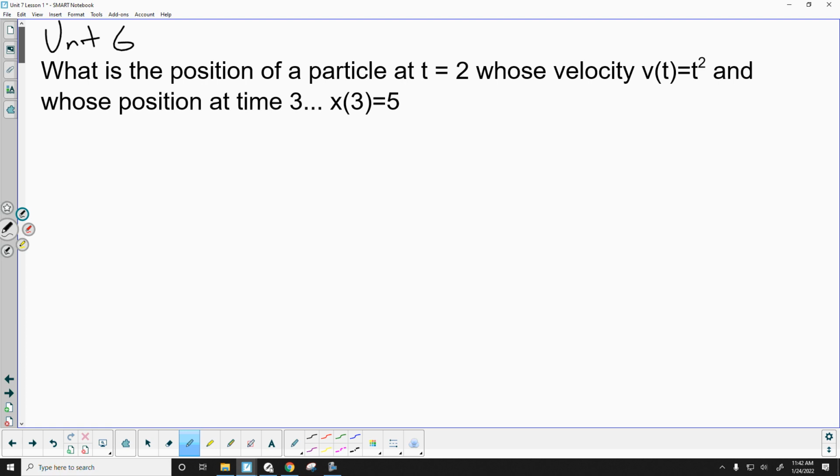What is the position of a particle at t equals 2 whose velocity as a function of t is t squared? Its position at time t equals 3, x of 3, is 5. Well, I'm given x prime. I'm asked to find x of 2.